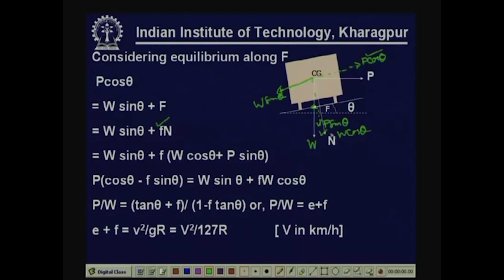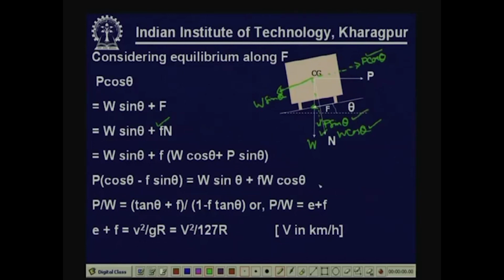What is the total normal force? Perpendicular to the surface, the component of the weight is W cos theta, plus the component of the centrifugal force, P sin theta.